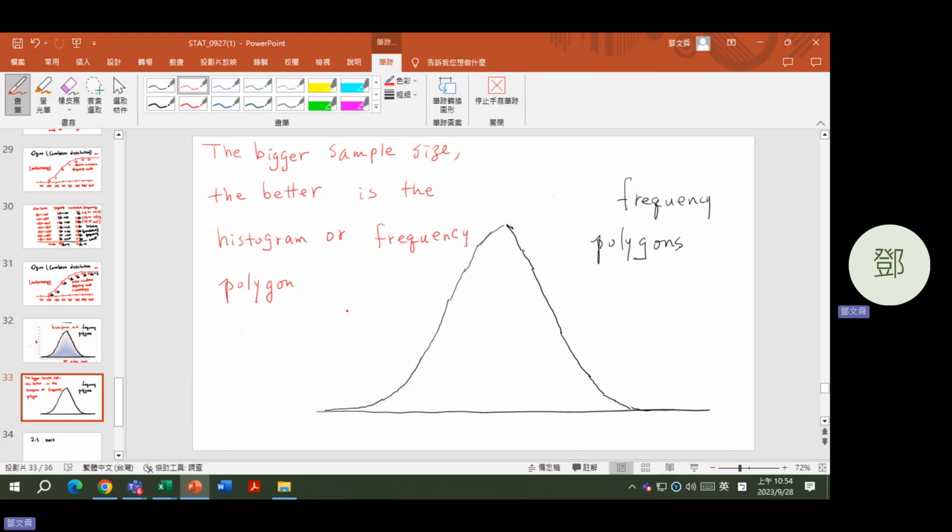The bigger the sample size, the better the frequency polygon approximates the true distribution.